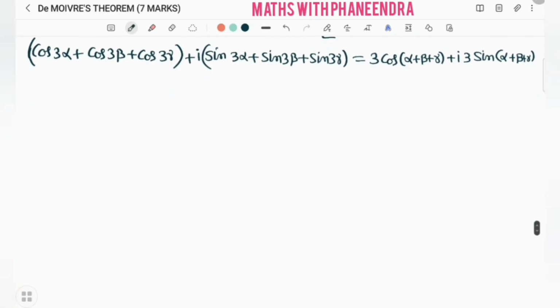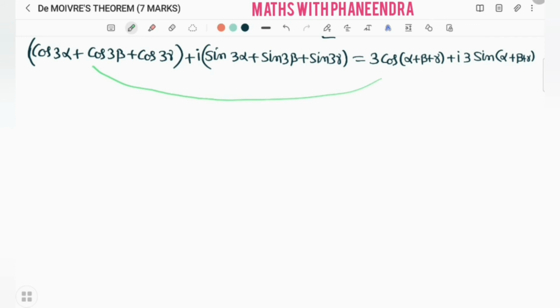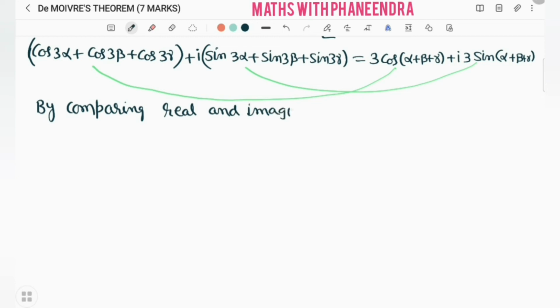Now comparing real parts and imaginary parts. So these are the real parts, these are the imaginary parts. By comparing real and imaginary parts on both sides, we get the first two answers.